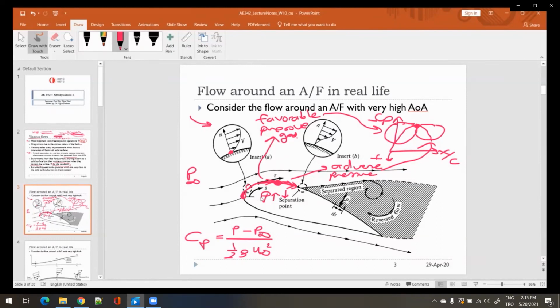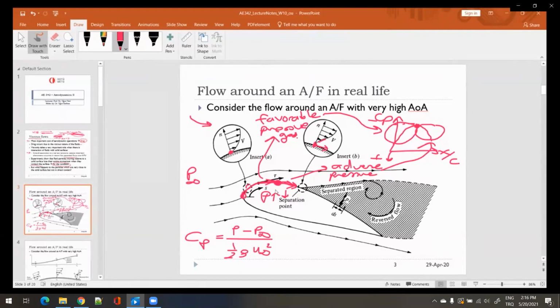If the angle of attack is high enough, and therefore the adverse pressure gradient is strong enough, at some point they will lose their entire momentum near the surface. Just very near the surface, they will have extremely low momentum and kinetic energy, such that they cannot have any kinetic energy to move forward anymore.